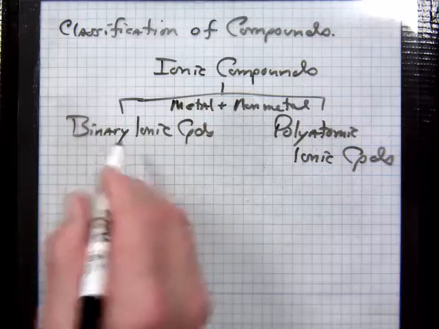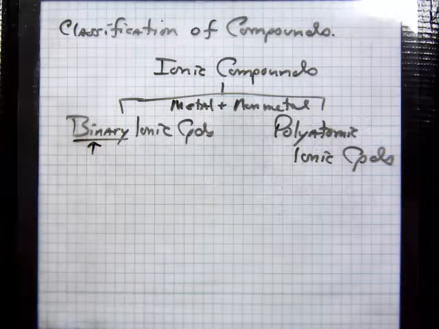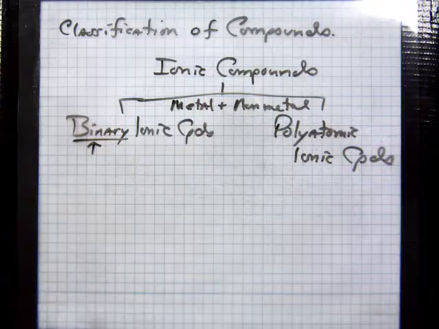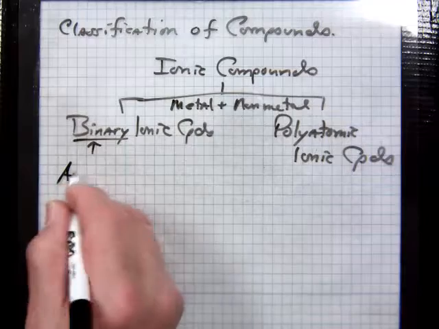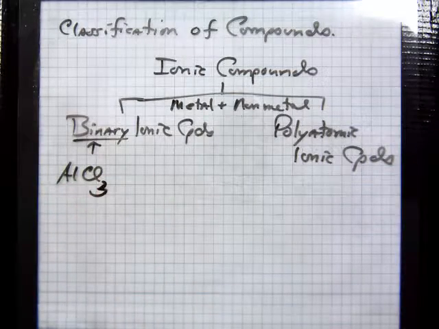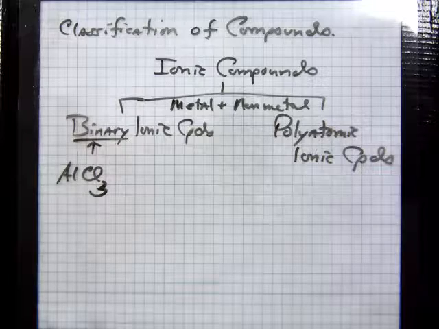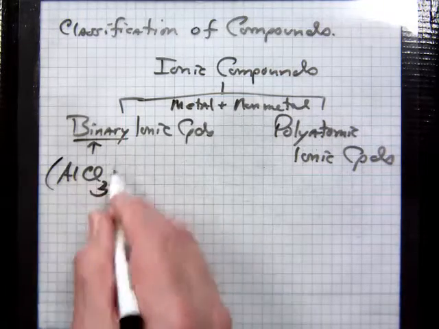Binary refers to two different elements. Now, it may have more than two atoms, but if you have only two elements, aluminum chloride, AlCl3, well, you've got four atoms in there, but you only have two different elements, so that is a binary.